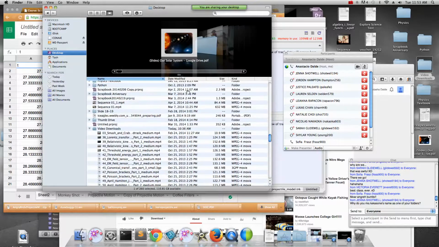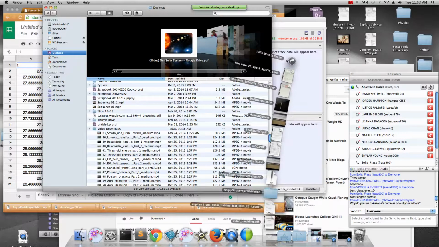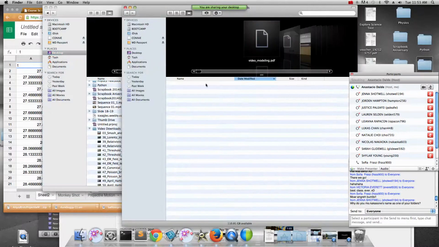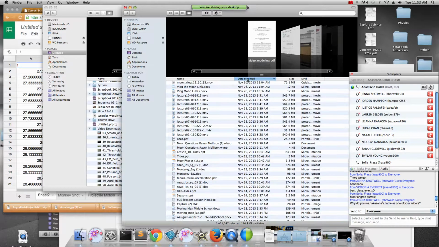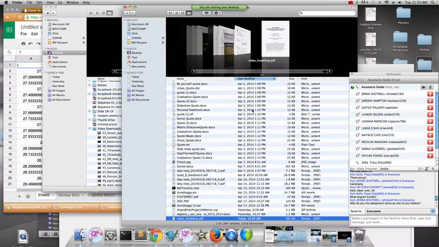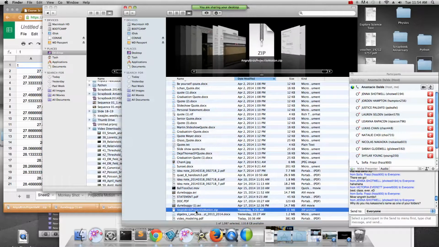It's not on the desktop. Let's open in Finder. There we go. Here's the downloads folder. Let's sort by date modified. Angry Birds. No, that's not it. That was yesterday. I want something from yesterday because I worked on it yesterday.